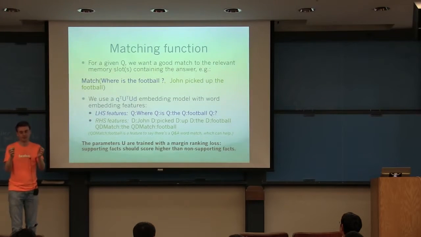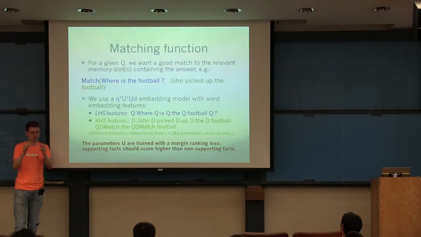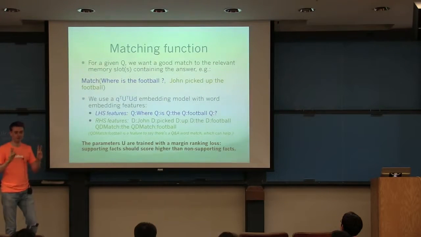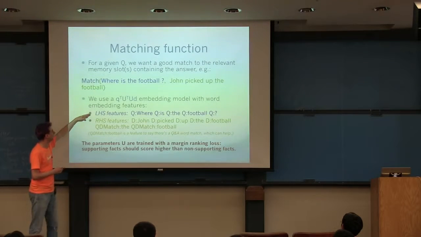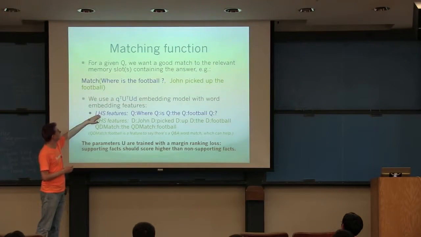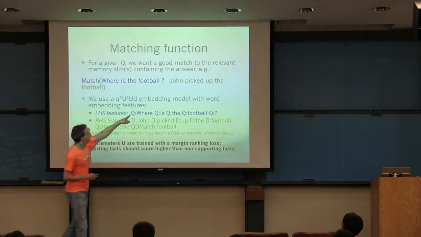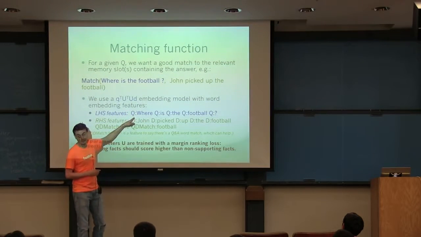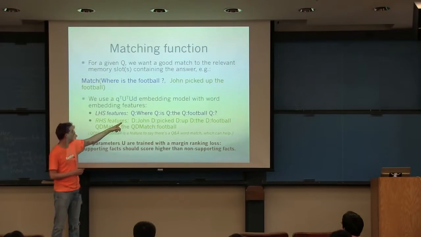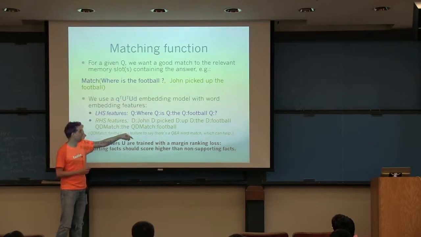So we're going to have a 50 dimensional word embedding for every one of our 3,000 symbols. So this is the model, and to featurize that matching function, we turn the left hand side into all the words, but put the Q colon in front to say they're from the question, and for the right hand side all these D colon.